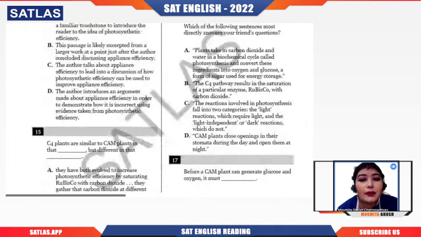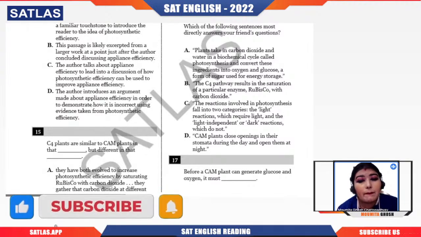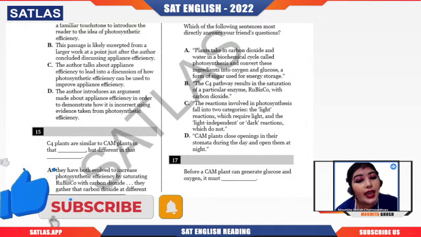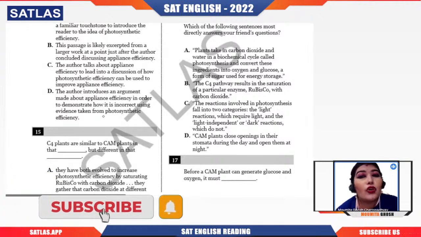Option C, the author talks about appliance efficiency to lead into a discussion of how photosynthetic efficiency can be used to improve appliance efficiency. And option D, the author introduces an argument made about appliance efficiency in order to demonstrate how it is incorrect using evidence taken from photosynthetic efficiency.